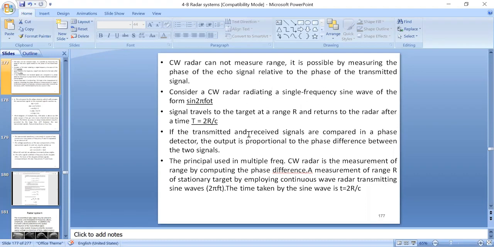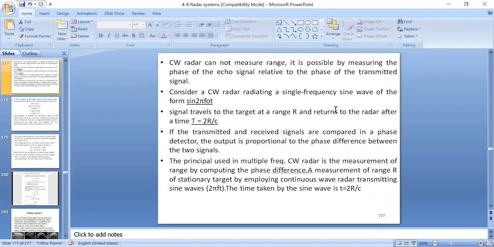Similarly, here, instead of transmitting a single continuous wave, you are transmitting two or more continuous waves towards the target, and you identify the phase difference between those two signals in order to measure the range of the target, right? So with this technique, it is possible to measure the range of the target by using a basic continuous wave Doppler radar.